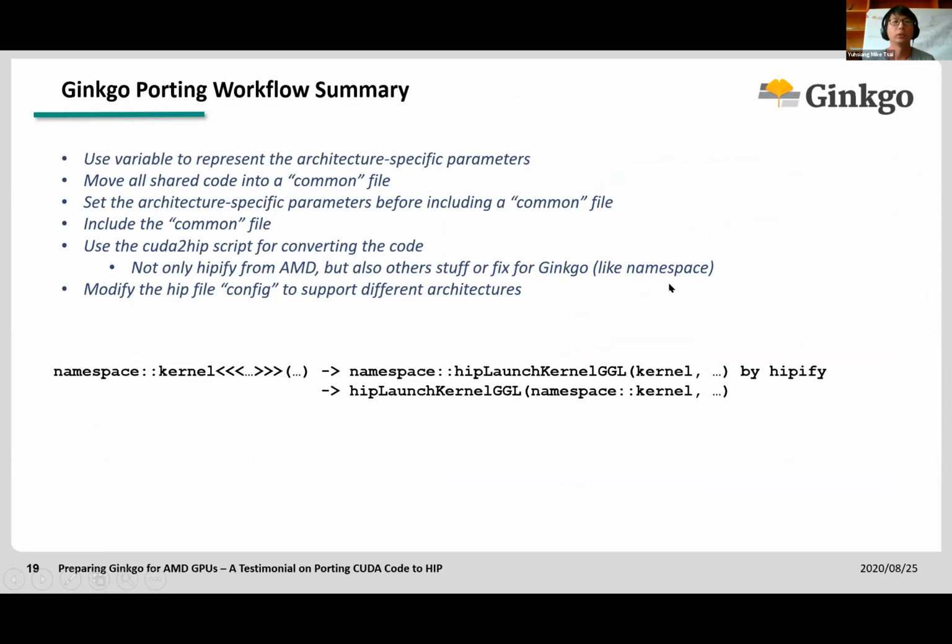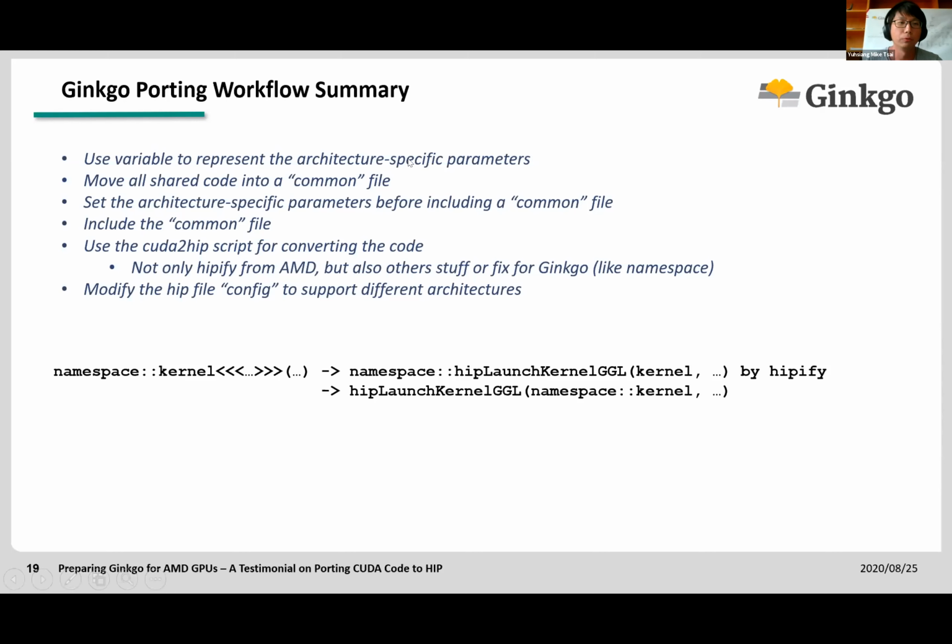So this one is just the Ginkgo porting workflow summary. Because we need to handle NVIDIA GPU and AMD GPU separately, we need to use variables to represent the hardware specific parameters, like warp size or wavefront size, and some more tuning parameters.